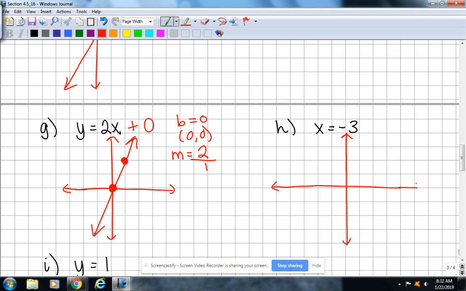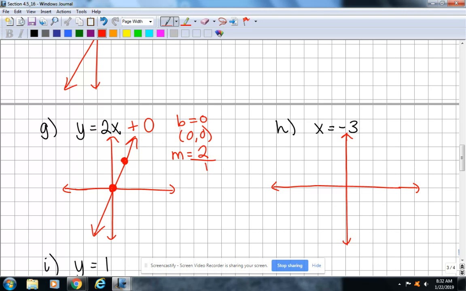I told you to remember it. X equals a number is a vertical line that crosses the x-axis. Whatever variable it says, that's what axis you're crossing. And if it's vertical, it won't necessarily cross a vertical axis, right? It's got to cross something going the other way, right? So it's going to cross the x-axis.